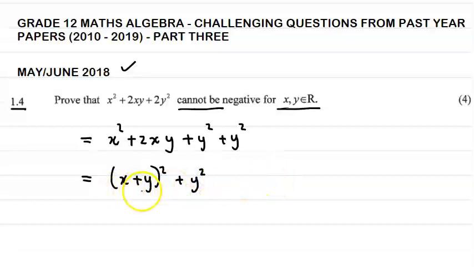If you test this expression out, x all squared is x squared, double the product, x times y times 2, is plus 2xy, plus y all squared is plus y squared. And here, remember, y squared plus y squared is 2y squared.